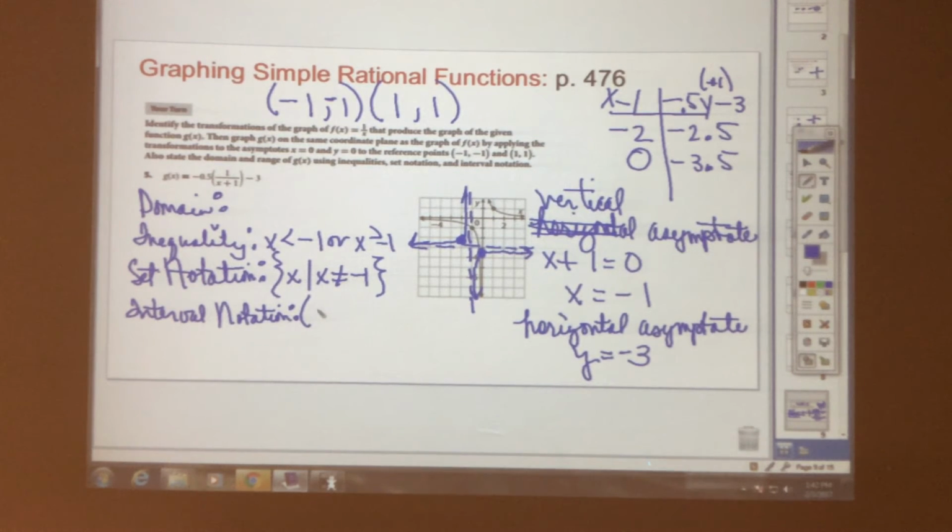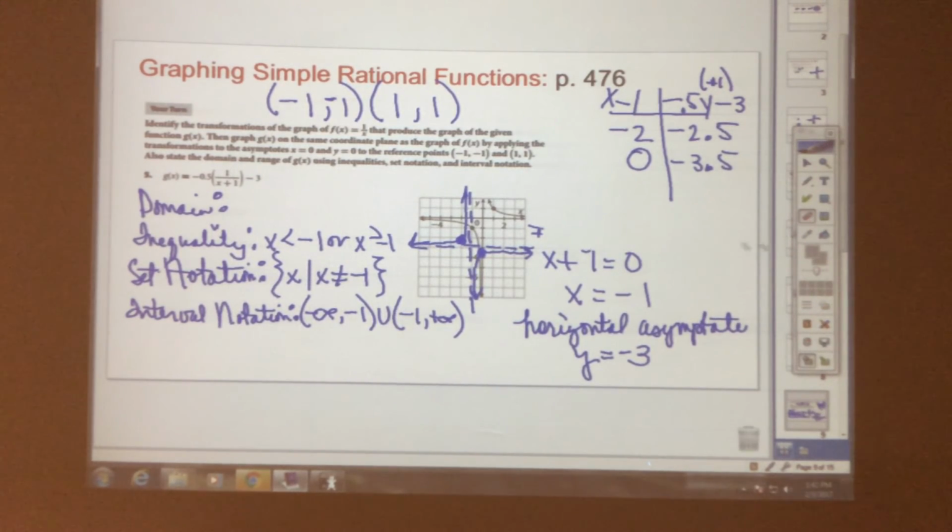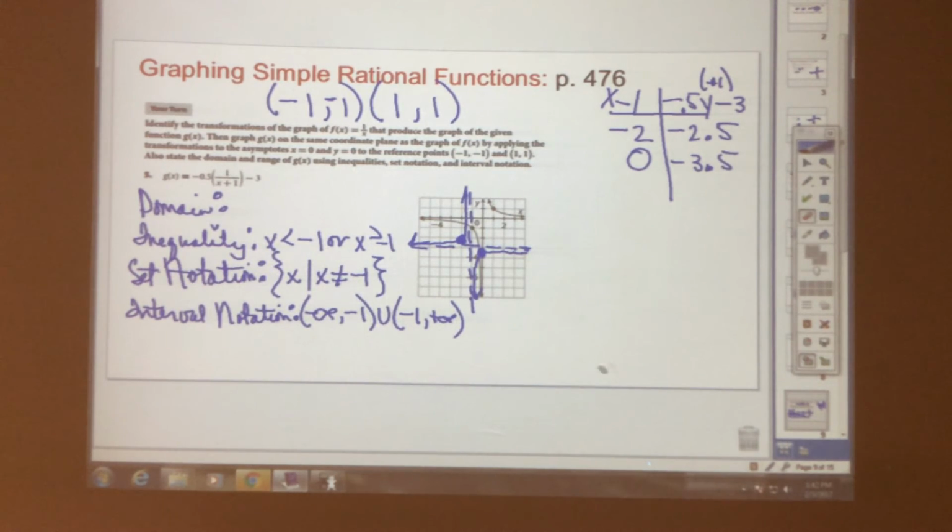Parentheses negative infinity, negative 1, union, negative 1, positive infinity. Any questions on the domain?